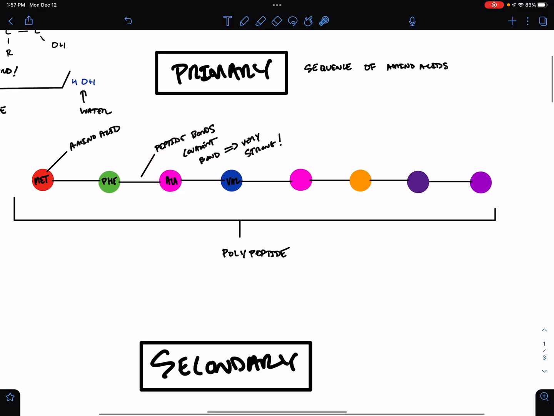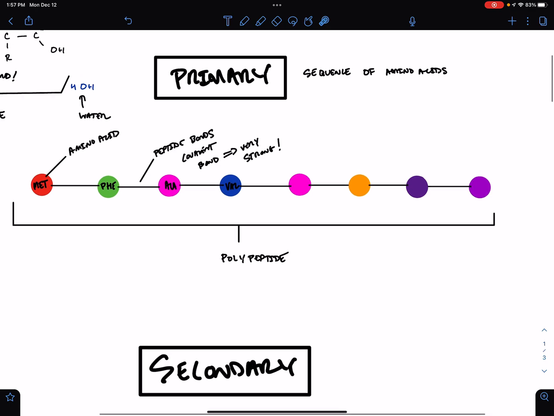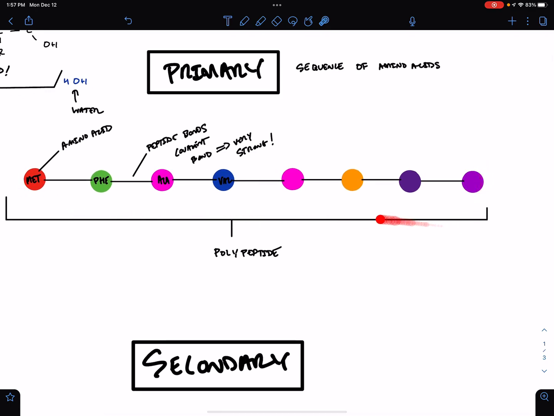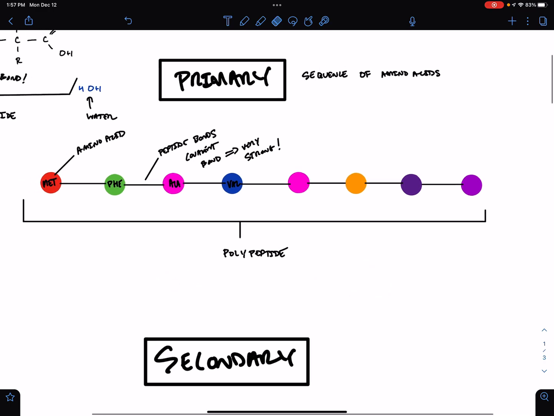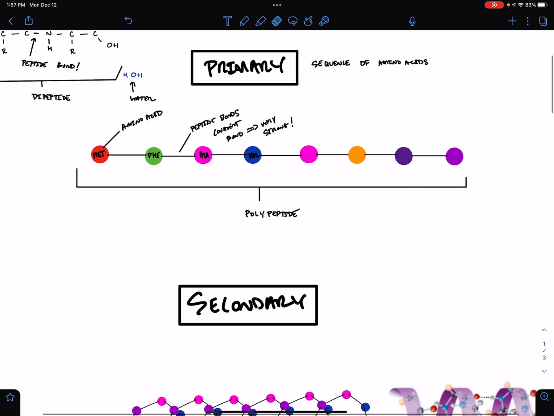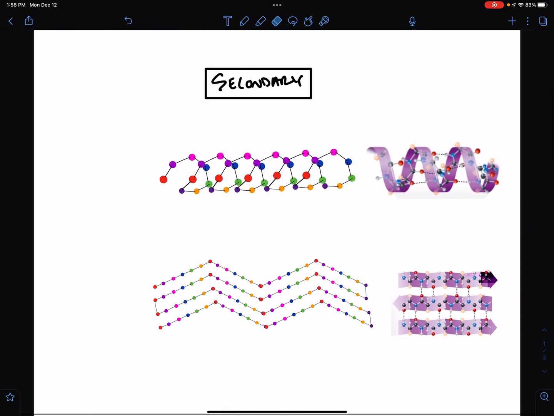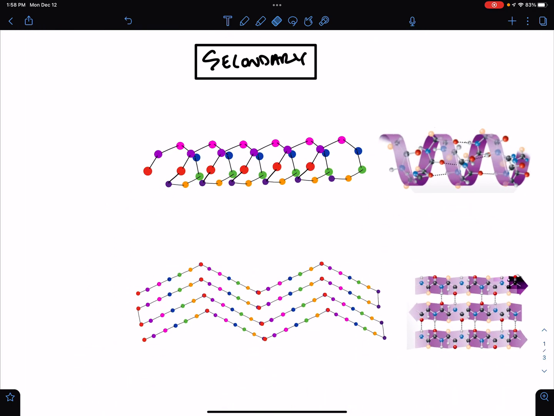They're very strong. But you know that this linear structure, this primary structure, is only a polypeptide. It's not yet a protein, because in order to get a functional protein, we need to take on a 3-dimensional shape, which can only be formed through folding. And that's where secondary structure begins.